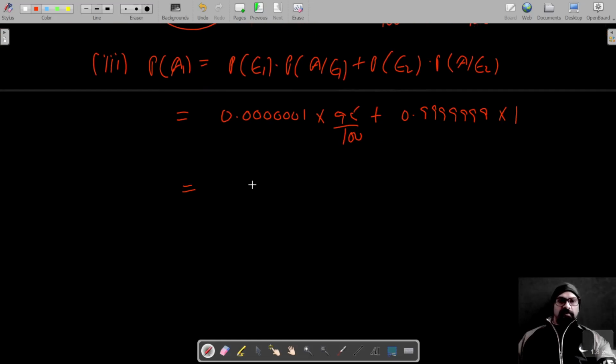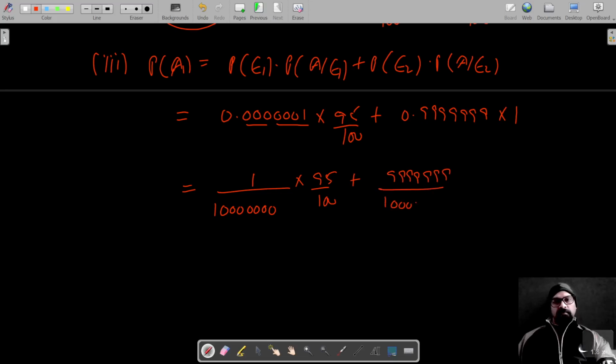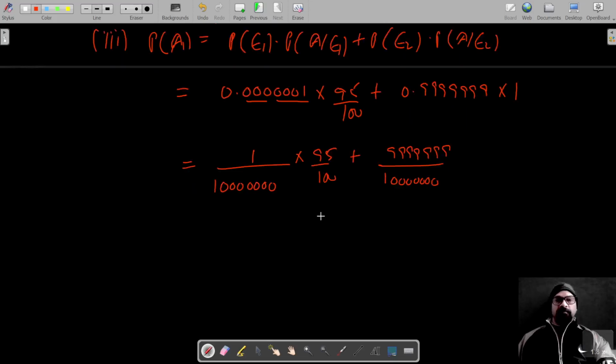Okay, so I can write this as 1 upon, these are a total of 7 decimal digits, 1 into 95 by 100 plus the other term.